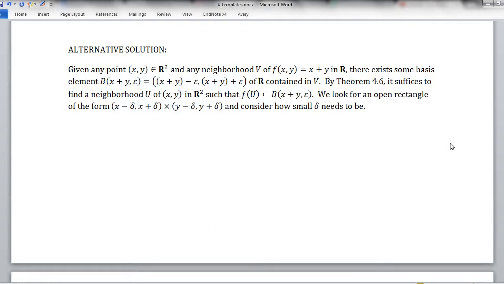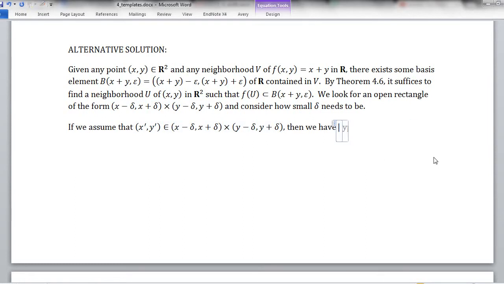So let's see. Well, let's look at any point in this open rectangle. Okay, so if we assume that we have some (x', y') in that open rectangle, well then, what do we know about the relationship between the primes and the original x and y?